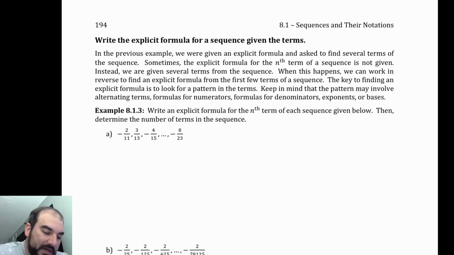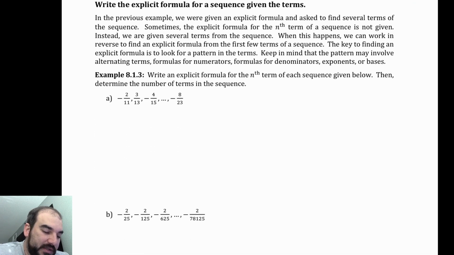So when you see a sequence of fractions, it might be a good idea to look at the numerator and denominator as 2 separate sequences, right? We have a sequence that goes 2, 3, 4, and so on, and then a denominator sequence that goes 11, 13, 15, and so on.